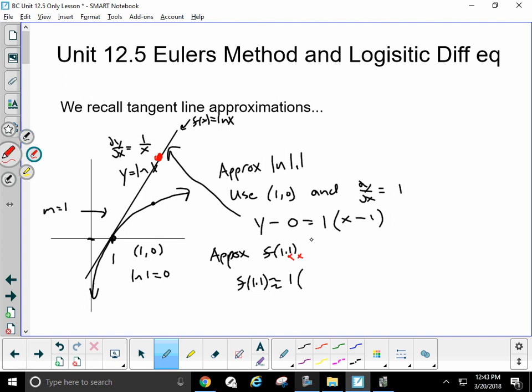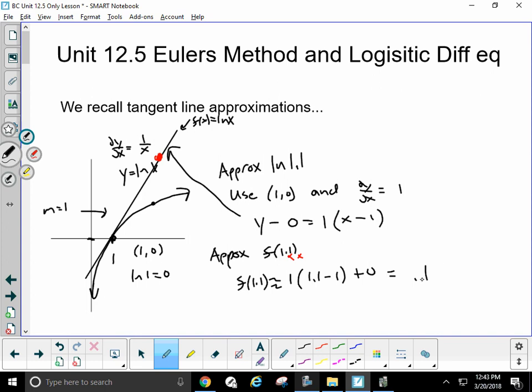So since this is an x value, I'm plugging this in as an x value into my tangent line. 1 times (1.1 minus 1), and then plus a 0. This minus 0, if there was anything else, I would add it to the right side, and I just get 0.1. So I think the log of 1.1 is approximately 0.1.